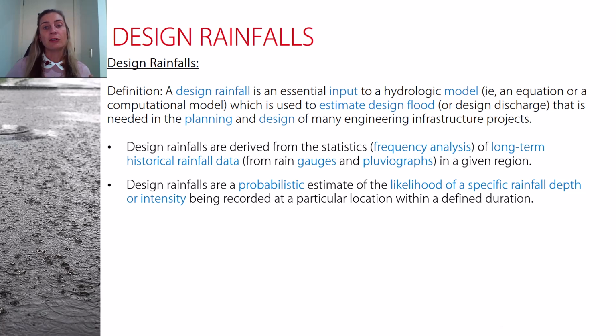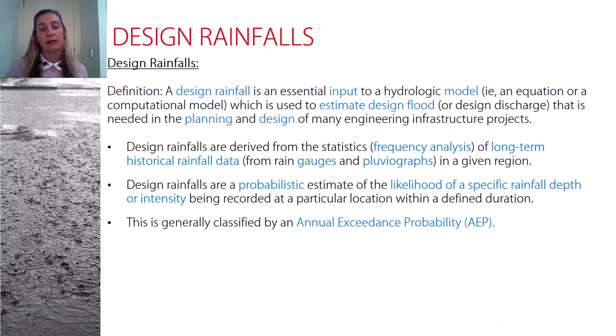So design rainfalls are probabilistic in nature because they are associated with the likelihood of occurring in a given place. We usually associate an annual exceedance probability to each rainfall intensity, which means the probability of that particular intensity being equaled or exceeded in a given year.